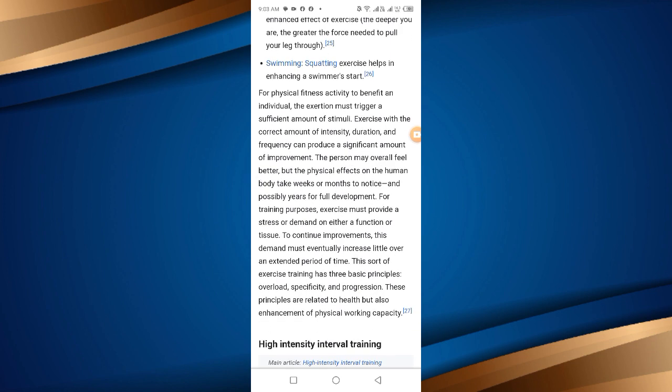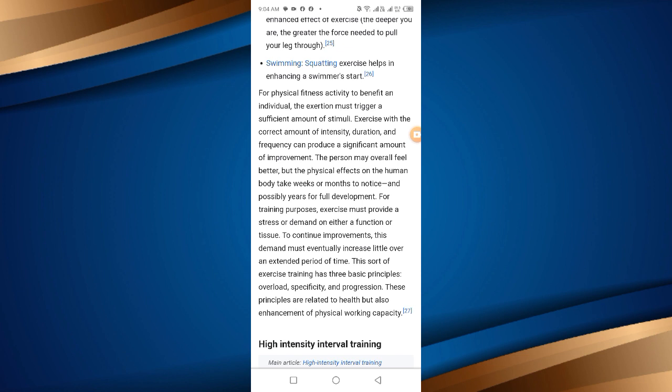For physical fitness activity to benefit an individual, the exertion must trigger a sufficient amount of stimuli. Exercise with a correct amount of intensity, duration, and frequency can produce a significant amount of improvement.